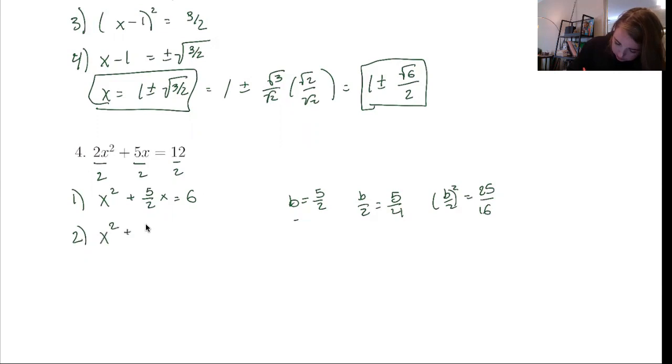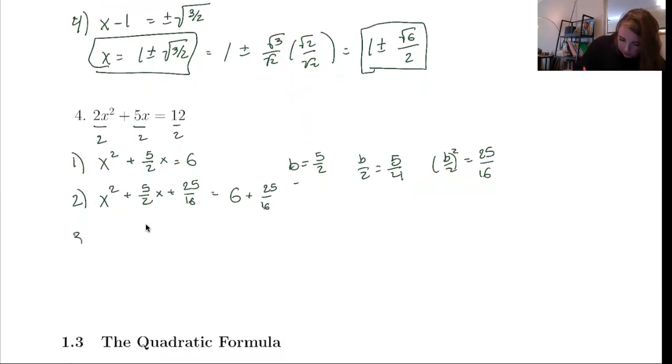So x squared plus 5 over 2x plus 25 over 16 equals 6 plus 25 over 16. And I know that that's going to factor to x plus, what's b over 2? It's 5/4, squared.